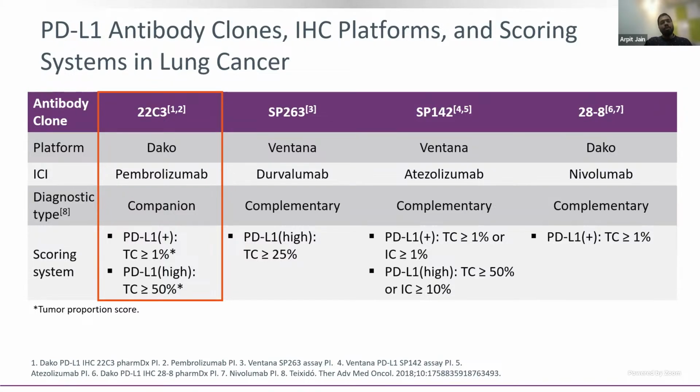For the use of pembrolizumab, we need to have the 22C3 antibody clone with the platform-approved scoring method. If with the 22C3 platform the TPS score is greater than or equal to 1, we can use pembrolizumab in lung cancer patients. Likewise, these respective ICIs need to be confirmed with the respective platform and antibody clone. Next.